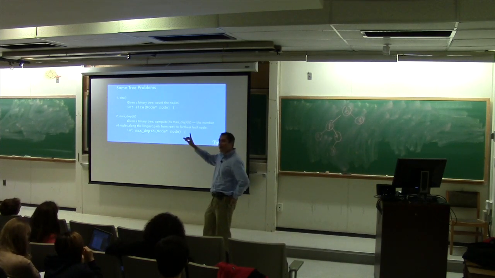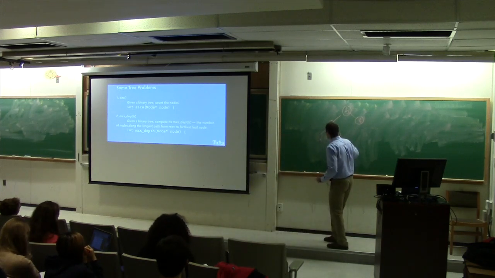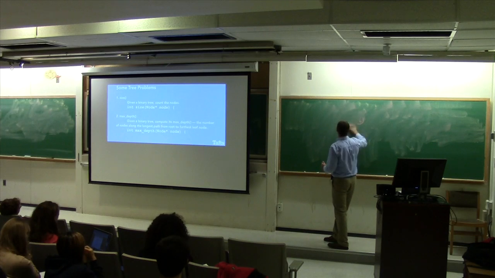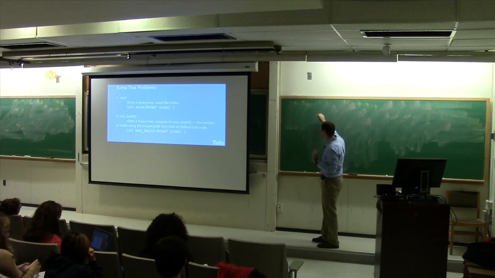The last thing I want to do is a couple different problems here. Given a definition of a node and a binary search tree, actually, it can just be a binary tree. It doesn't really matter. I want to do a couple things. So let's first define what a node is so that we know what it looks like.